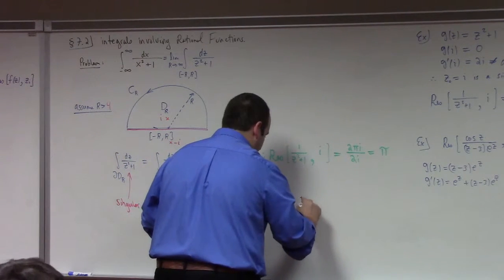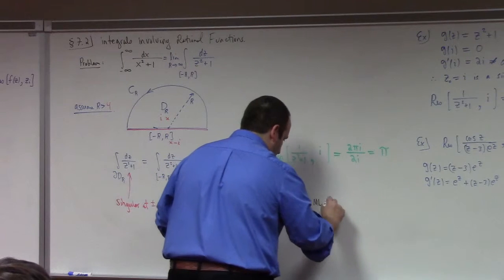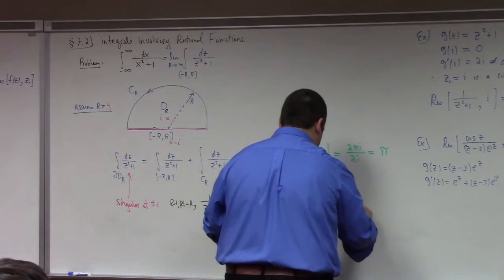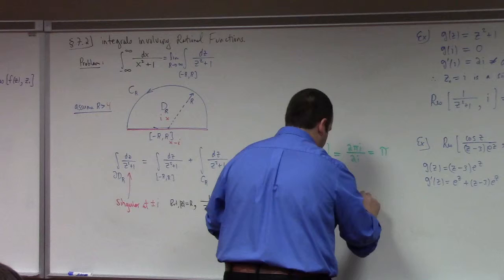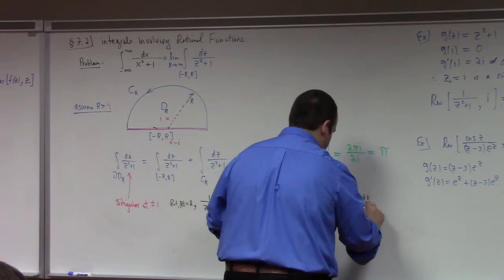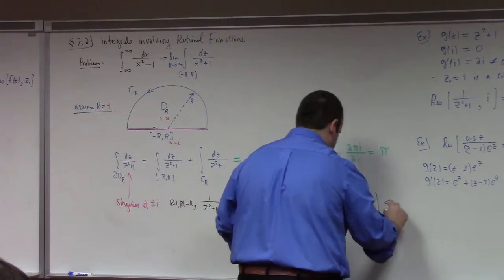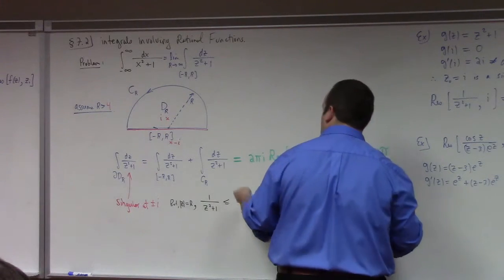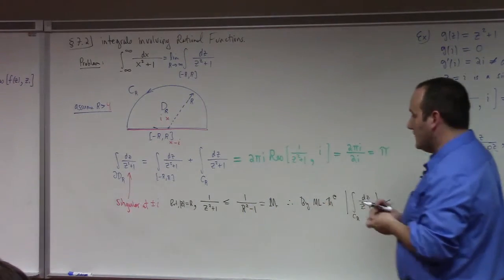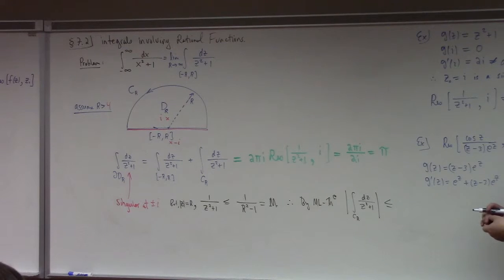Therefore, by the ML theorem, what do we have? The modulus of the integral over C_r of dz over z squared plus 1 is less than or equal to, apparently, the length of the C_r curve times the bound. What is the length of a half circle of radius r?